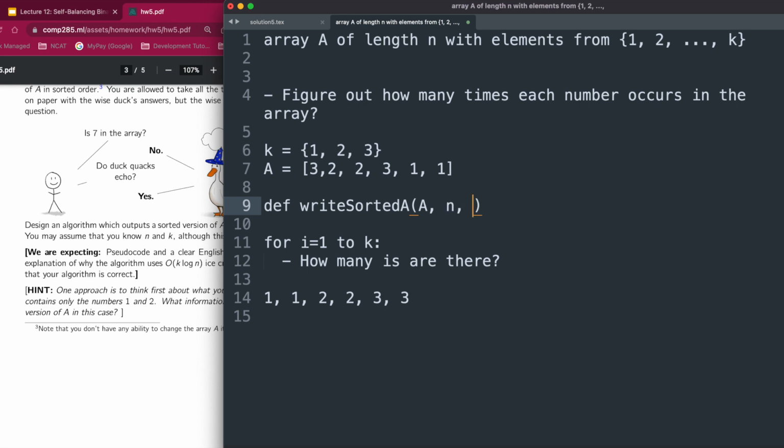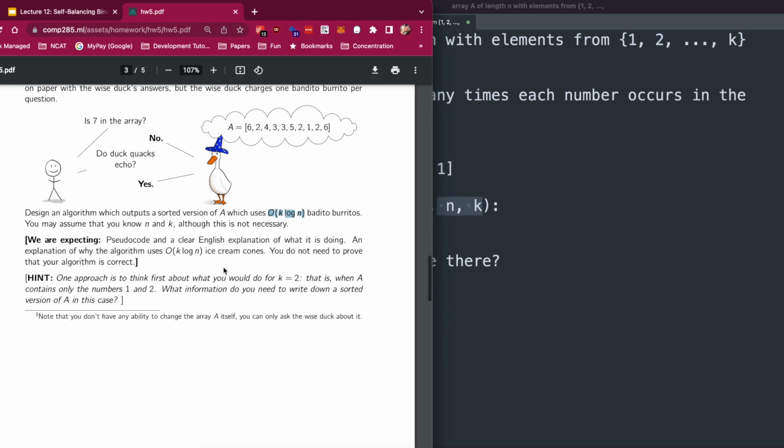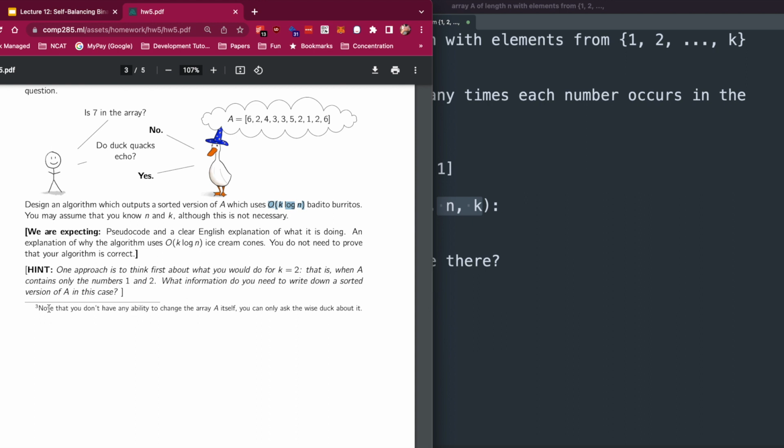It also takes as input K, which is how many elements there could be in A. You can actually figure these numbers out, but, as I gave you in the problem, you can assume that you know N and K.